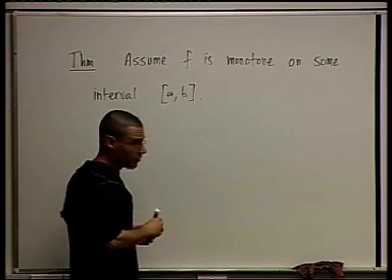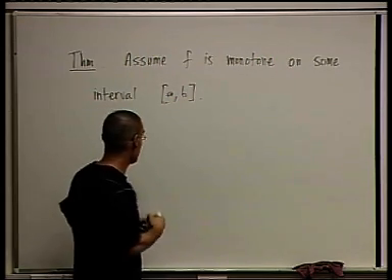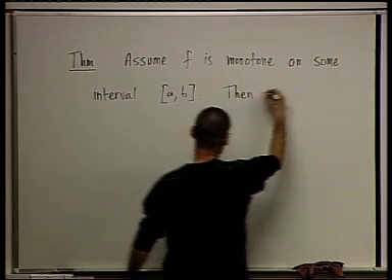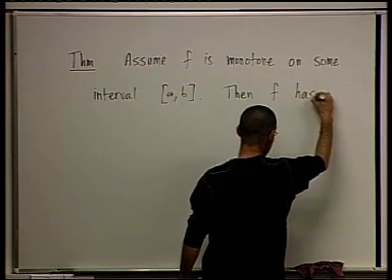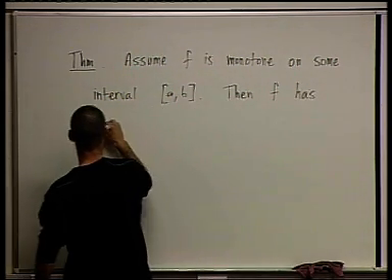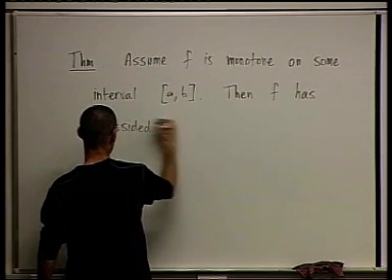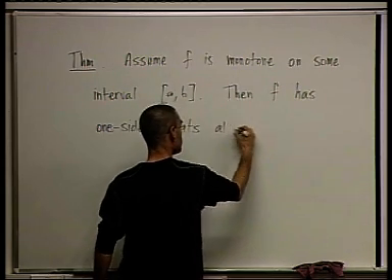So we're looking at a function that is monotone, either increasing or decreasing. Okay? And the claim is then f has one-sided limits at every point.